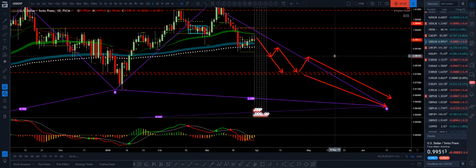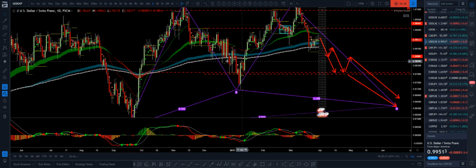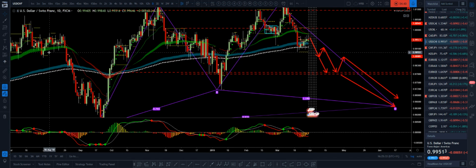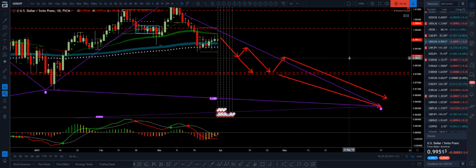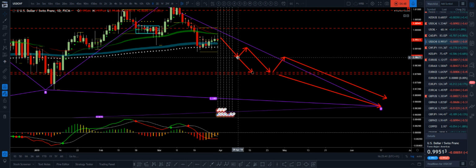If you look back, this is a formation here, a support and resistance area. So let's short from the beginning of next week to 98.60 first.